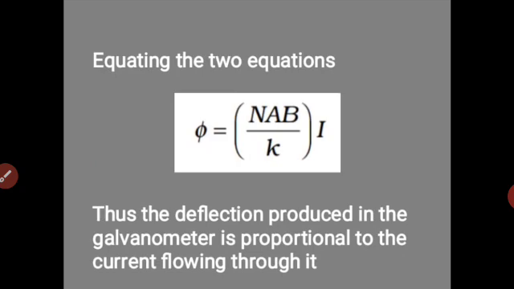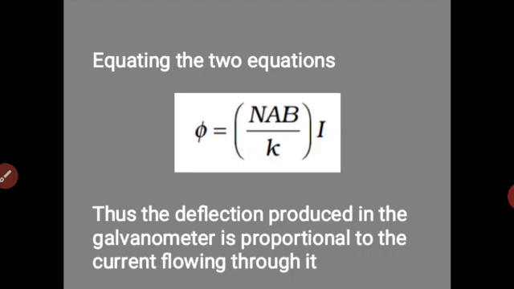Because the bracketed terms are all constant, we have a fixed number of turns, the area of the coil is fixed, the magnetic field strength is constant, and K is the spring constant. Thus we see that phi is proportional to I. Whatever current is sent through the coil of the galvanometer, there will be an equivalent amount of deflection produced, that is phi, and this deflection we read from the scale when the pointer moves on the scale.